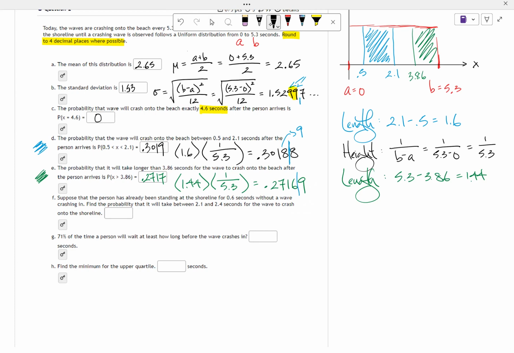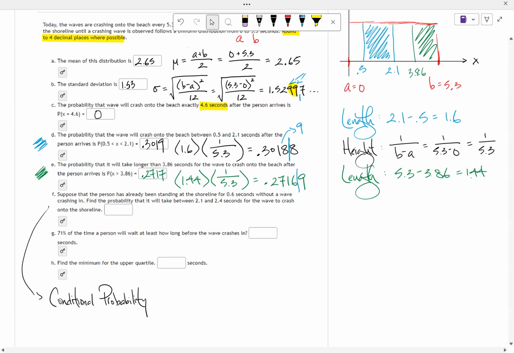And so what we have here is a case of conditional probability. And what I mean by that is that we need 2 things to happen. First, someone has been waiting for 0.6 seconds and no wave has happened. And then second, we want to find the probability that a wave will actually crash between 2.1 and 2.4 seconds.